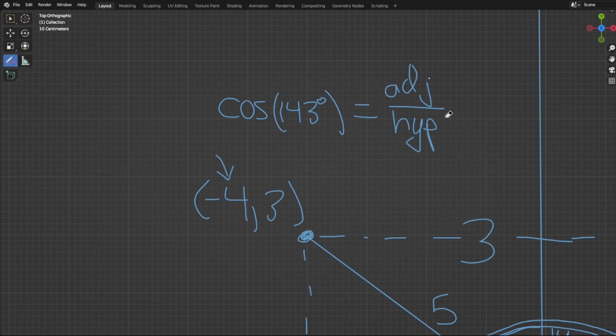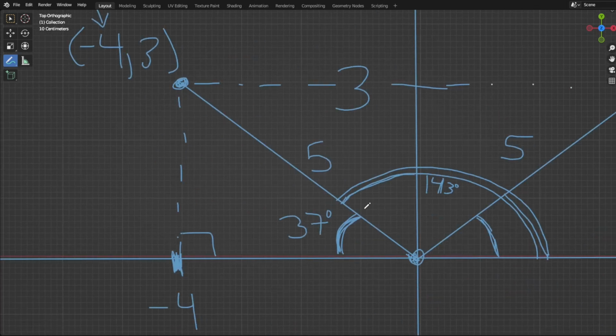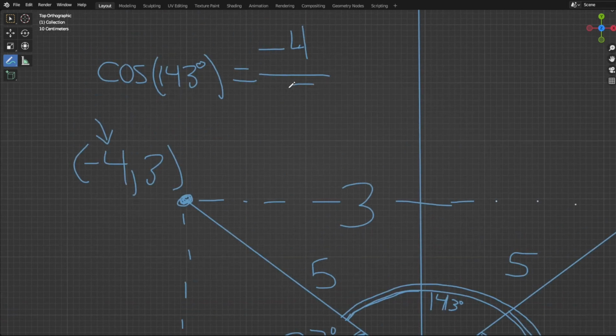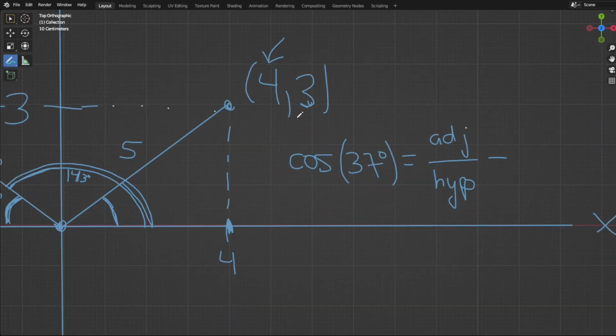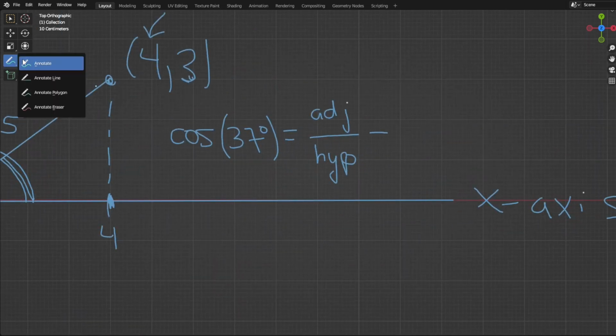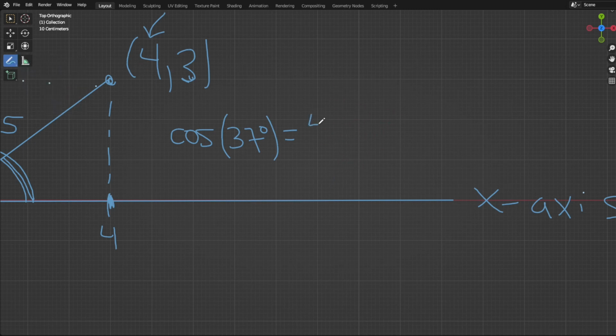We'll abandon the idea of adjacent, and we'll put it over -4, which is that x coordinate, over the length, the distance, the radius, 5. And then same thing over here: no more adjacent. It'll all be the x coordinate over the length of 5.